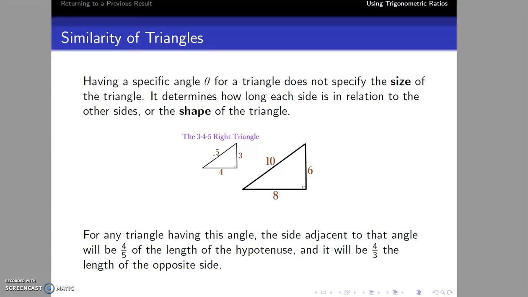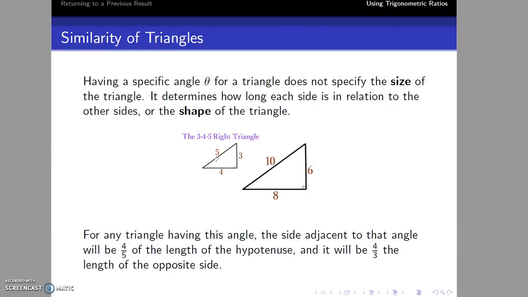Folks like Aristarchus and Eratosthenes used trigonometry, used right triangles, used similarities in triangles to estimate things like the radius of the Earth, the distance from Earth to the Moon, the distance from Earth to the Sun, the size of the Moon, the size of the Sun. All of these astronomical data points were first estimated using right triangles. And more than that, similarity between them.